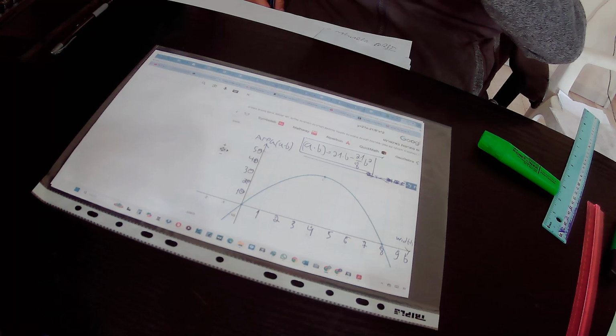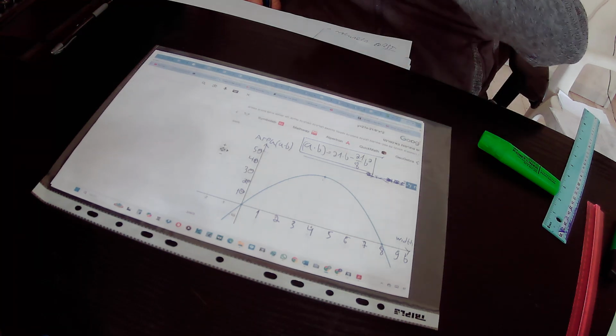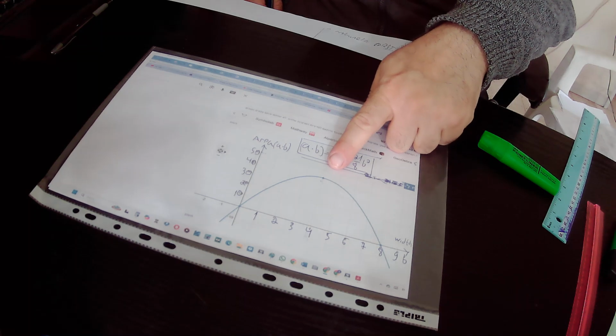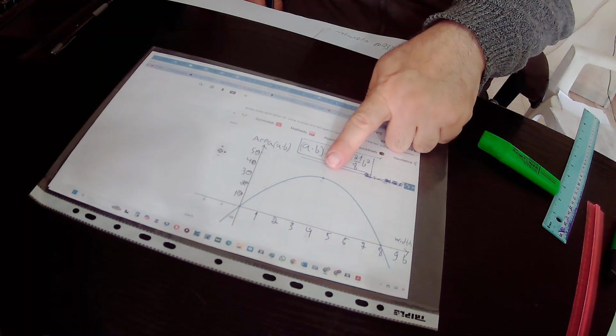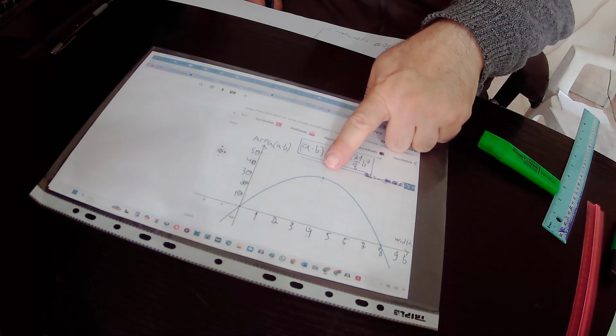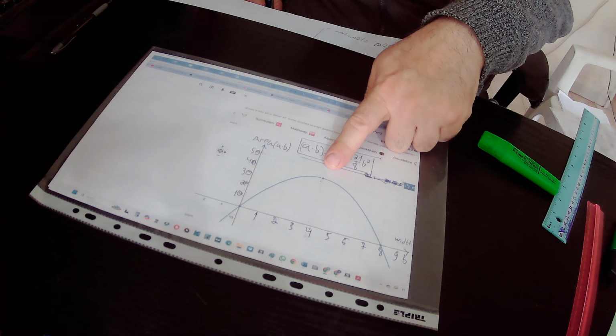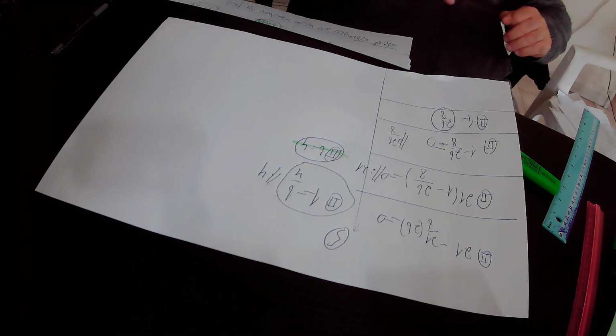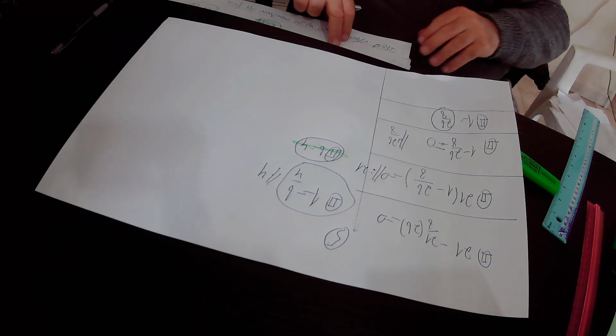So we have found out that the extreme point b equals 4 is the maximum extreme point, because when b equals 4, the area of rectangle PQST receives its maximum value. The area is here. Therefore b equals 4. When b equals 4, we get the maximum area of rectangle PQST.